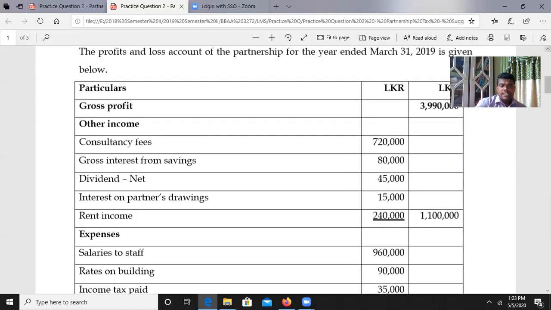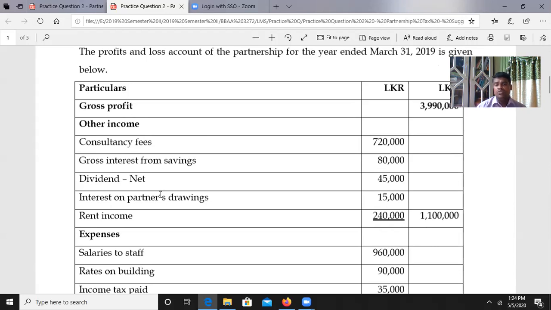The other one under the other income is interest on partners' drawings. Partners' drawings interest can be allowed because that is related with the nature and the purpose of the business. So any interest from the partners' drawing can be allowed for taxation, and it can be allowed for the financial accounting.